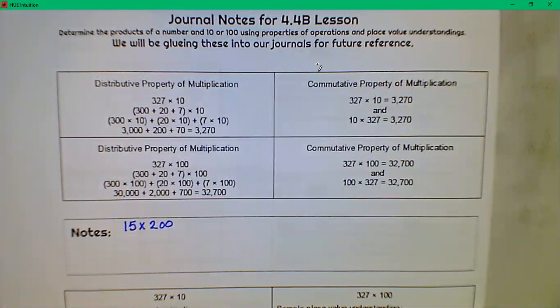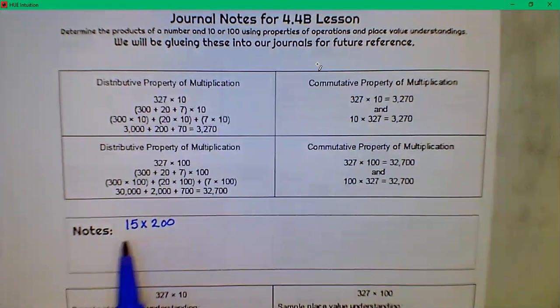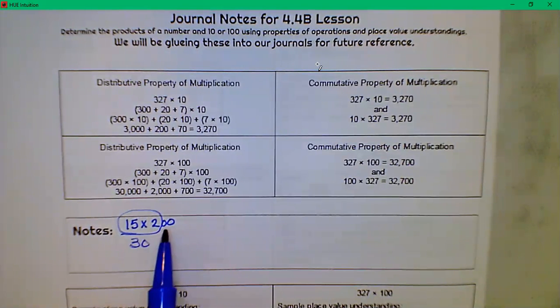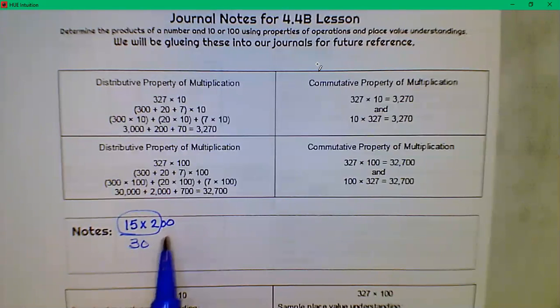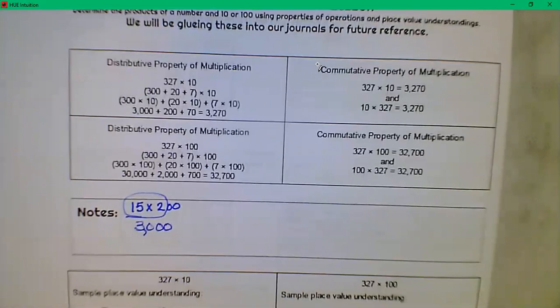So if I can figure out what 15 times 2 is, I can add 2 zeros to the back of that and get my answer without having to do an algorithm for multiplication. Does anybody off the top of their head know what 15 times 2 is? Jesse? It is 30, right? So if I know that 15 times 2 is equal to 30, and I know that the property of multiplying by 10 or 100 means I bring these 2 zeros in, then I've got my product without an algorithm for multiplication.